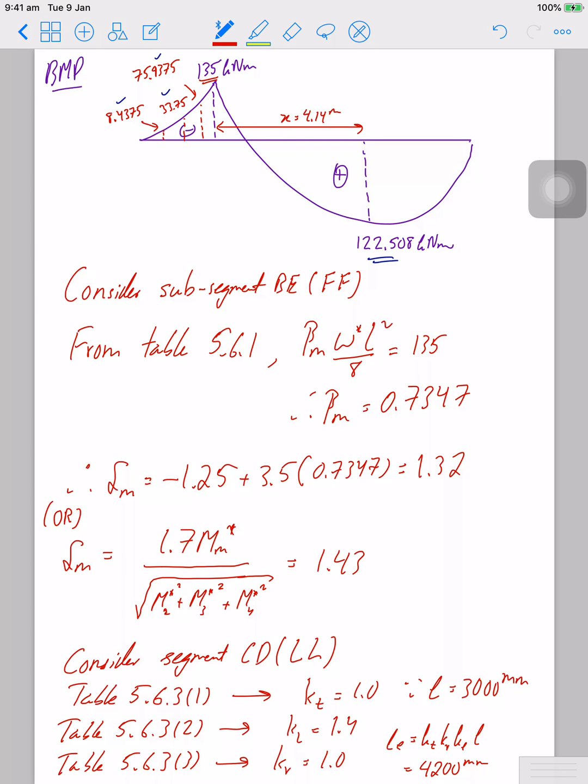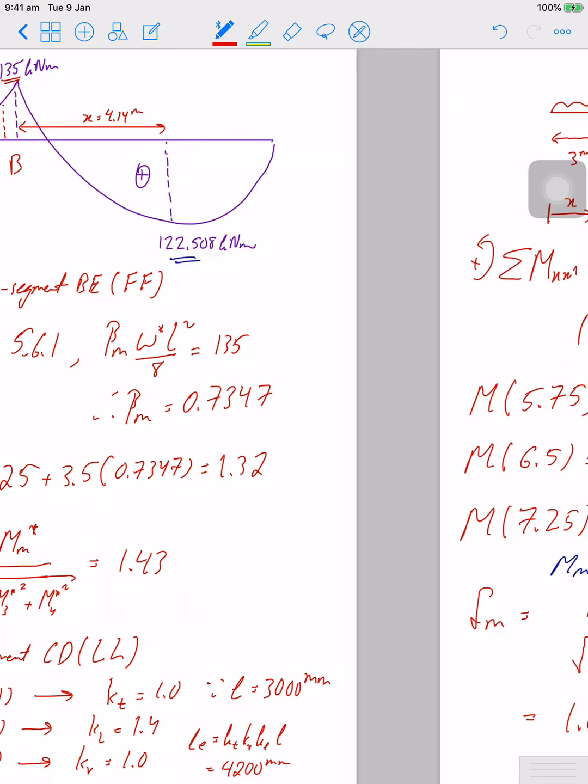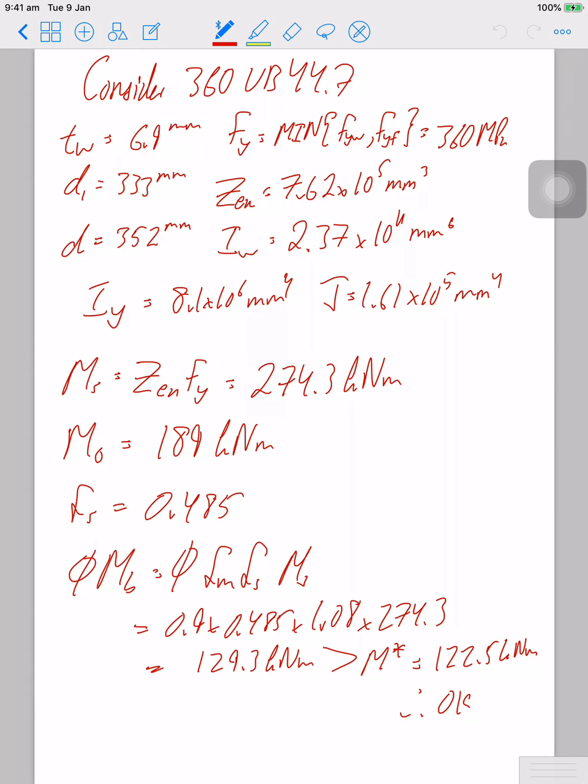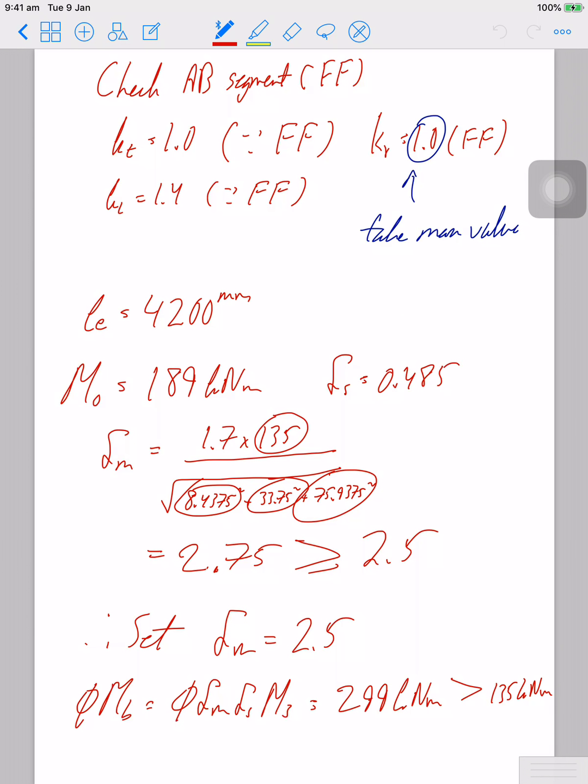It's specific for segment AB. So it's okay, it's working because it's larger. So UB 360 44.7 is selected.